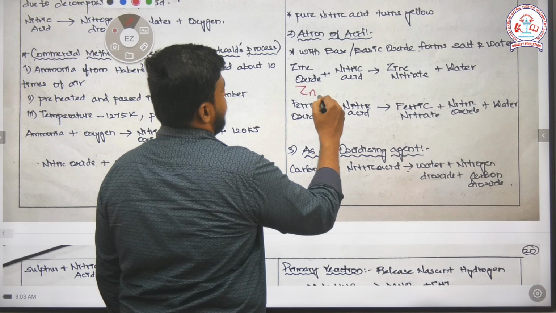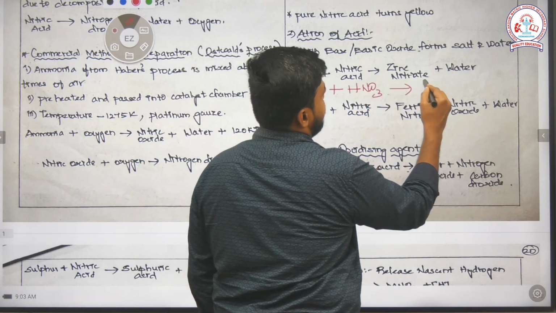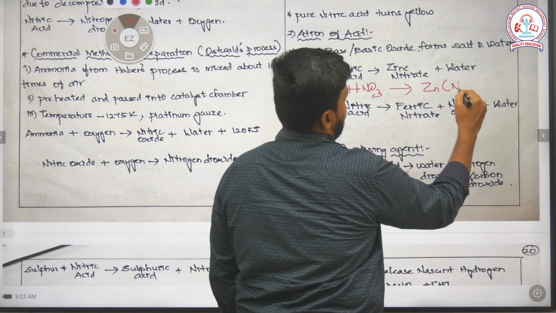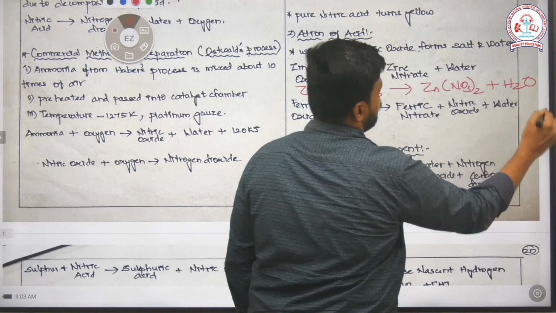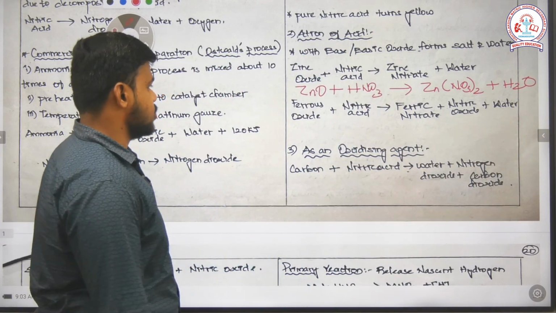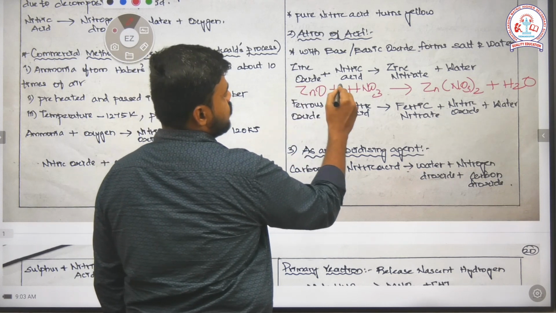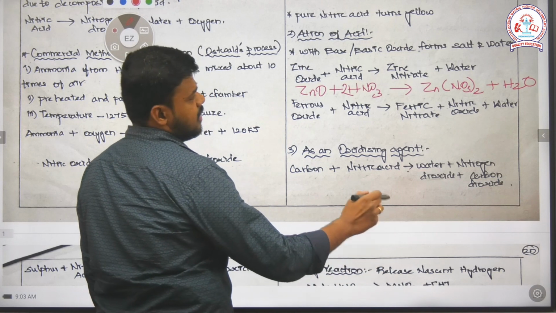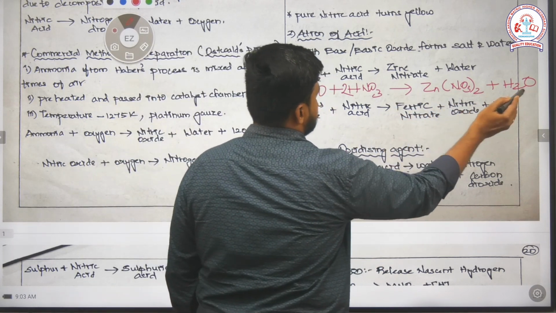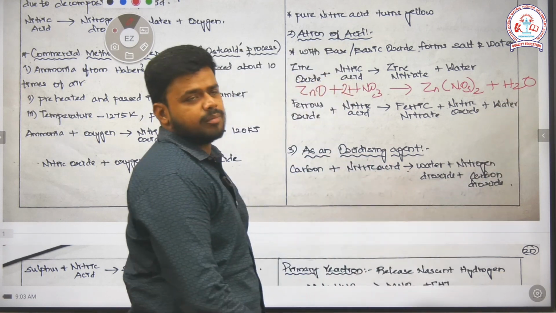So zinc oxide reacts with nitric acid to form zinc nitrate, Zn(NO3)2 plus H2O. So to balance with nitrogen, here it is 2. So if I make it as 2 here, fine, nitrogen is balanced. If you look into the oxygen, here it is 6 plus 1 is 7, 6 plus 1 is 7, balanced. Hydrogen here it is 2, there it is 2, equation is completely balanced.